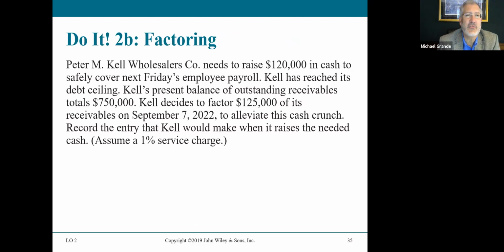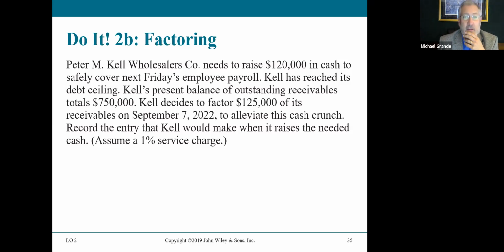Peter Kell Wholesalers Company has to raise $120,000 in cash to safely cover next Friday's payroll. Kell has reached its debt ceiling. It can't borrow any money from anybody else. Kell's present balance of receivables is $750,000. Kell decides to sell $125,000 of its receivables on September 7th to alleviate this cash crunch.